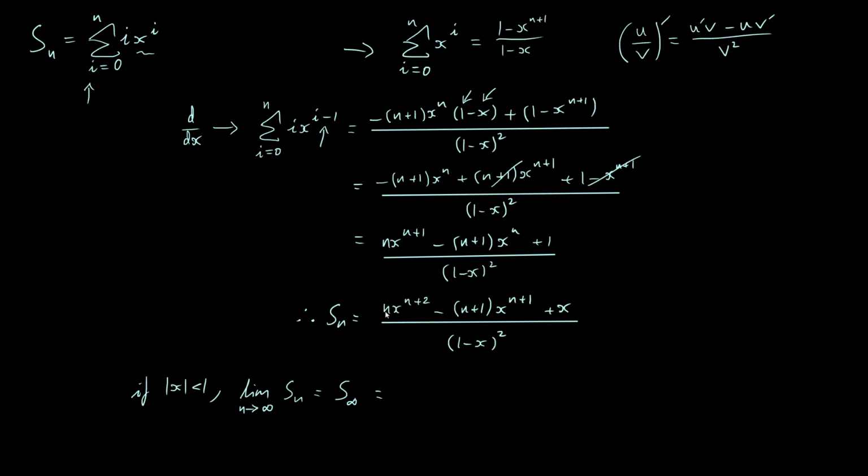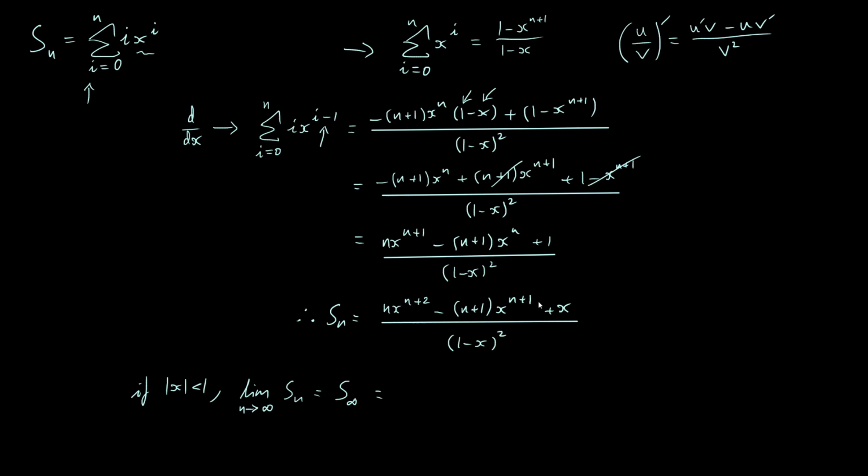Well, it's not necessarily immediately obvious what happens as this goes to infinity, because n is getting bigger and bigger, but x to the n plus 2 is getting smaller and smaller, because mod x is less than 1. In fact, it turns out that this term does go to 0, which is essentially because the n is growing linearly, whereas the x to the n plus 2 is shrinking exponentially, right? And this exponential shrinking happens faster than the linear growth, and so the exponential shrinking wins, and this term goes to 0.